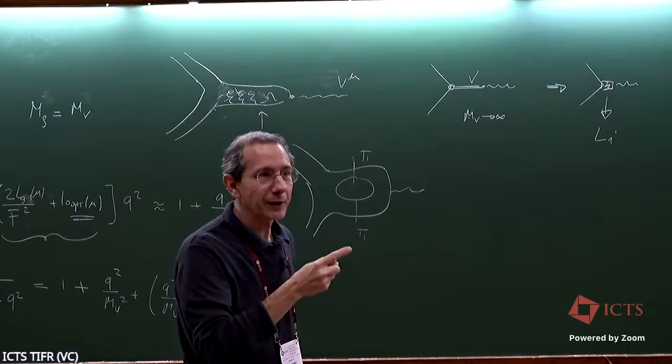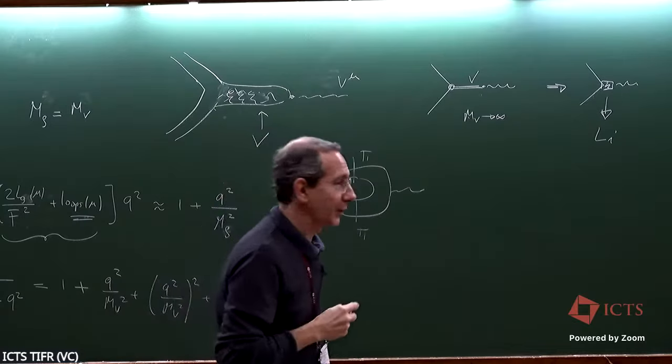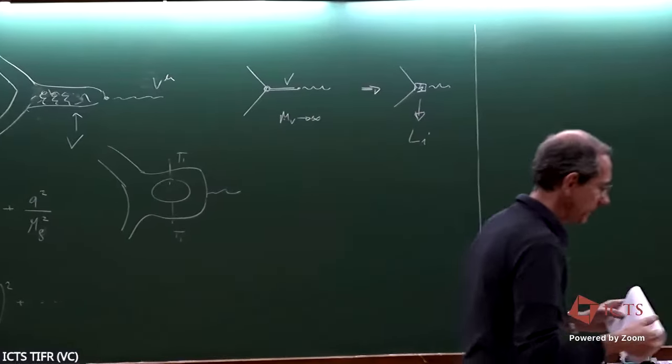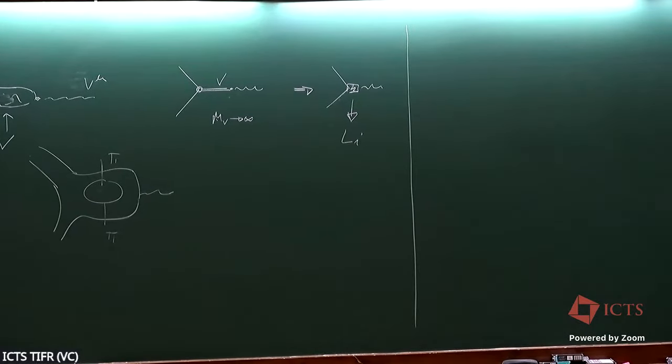Actually, toward the end of the lecture, I will also put them in the loops, but let's start from the basic thing. This is the formalism I want to discuss now: a semi-dynamical treatment of the inclusion of resonances.